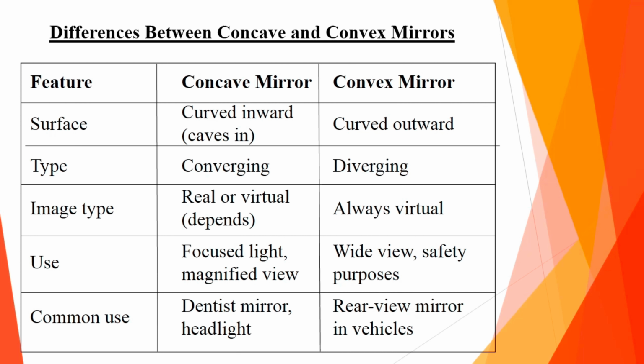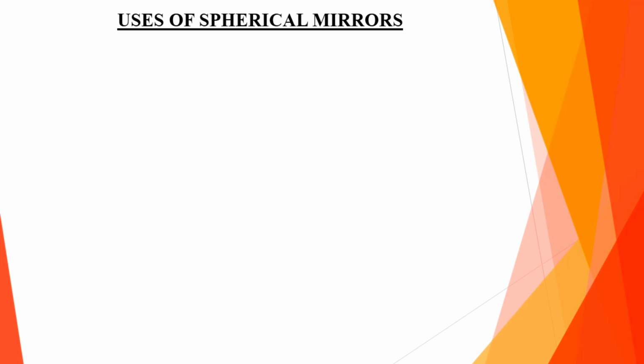But in the case of the convex mirror, they are used where a wider field of view is important, such as rear view mirrors in vehicles to see a bigger area, security mirrors in stores or on roads to monitor a wide area.